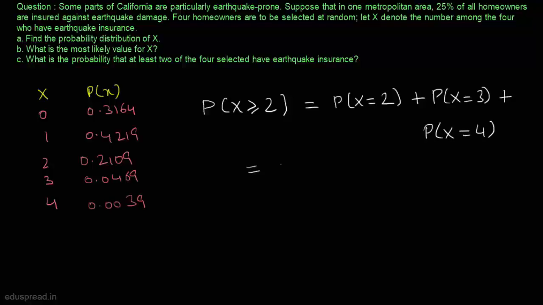So this is equal to 0.2109 plus 0.0469 plus 0.0039, and this is equal to 0.2617. So the probability that at least 2 of the 4 selected have earthquake insurance is 0.2617.